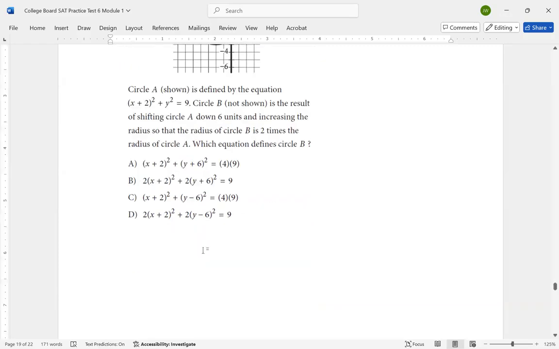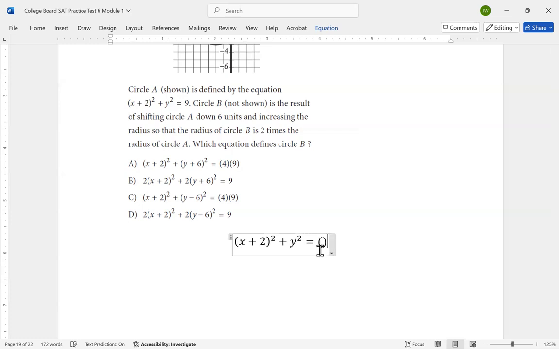So we have this equation and we want to shift it and then change the radius. Now 9 is not the radius. 9 is the radius squared.